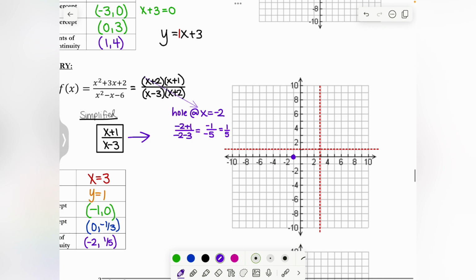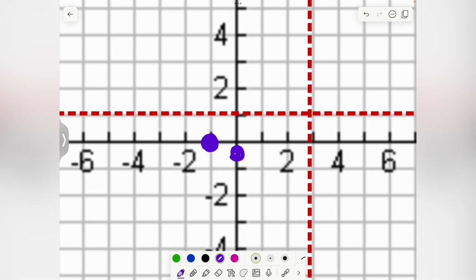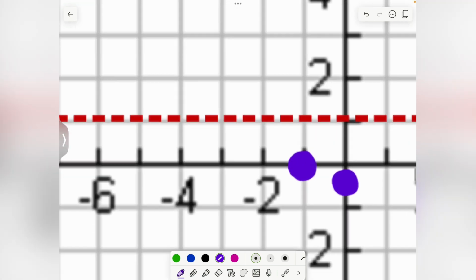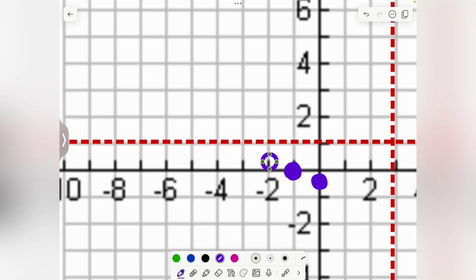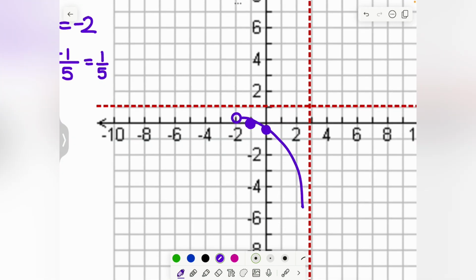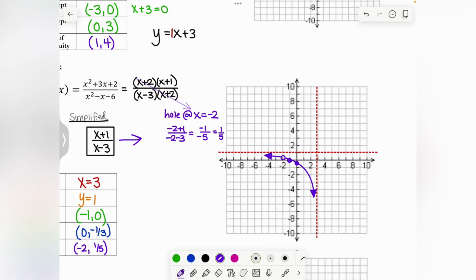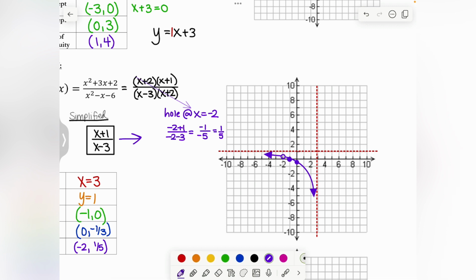We have a y-intercept at -1/3. And at -2, 1/5, we have the hole. So that only helped us with this side of the graph, which is fine.